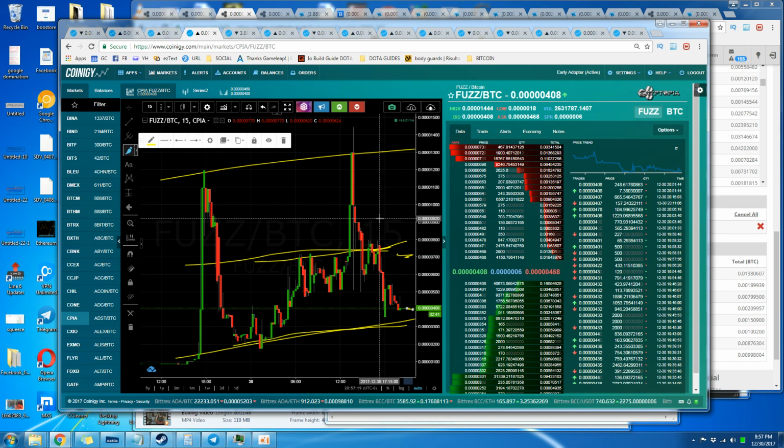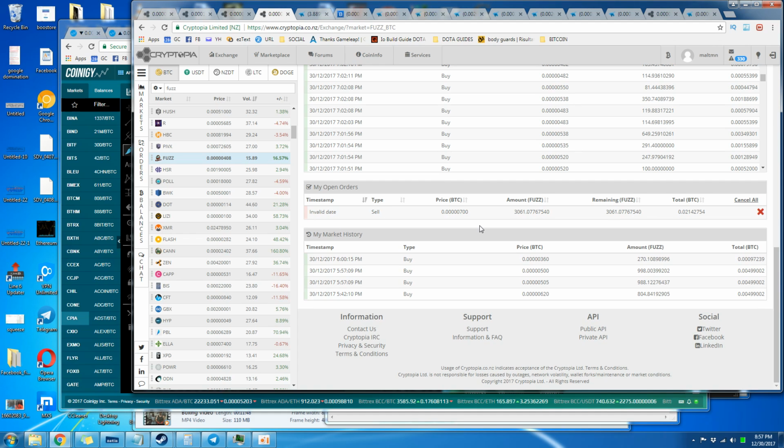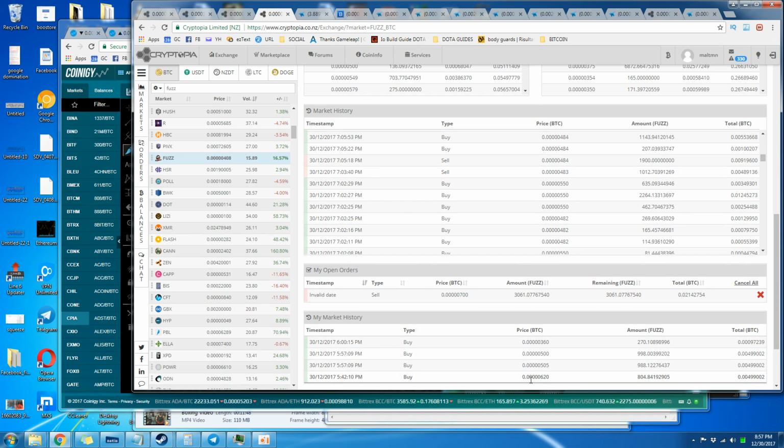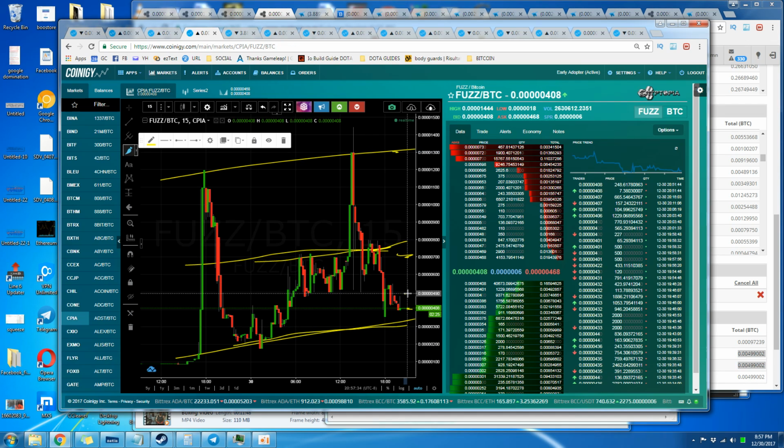This is at 4, and it might go up to 13, which is kind of crazy actually. Where are my 4s? I actually already bought some of this. I bought a little bit early at 5s, and I'm waiting for a bounce back to 7.